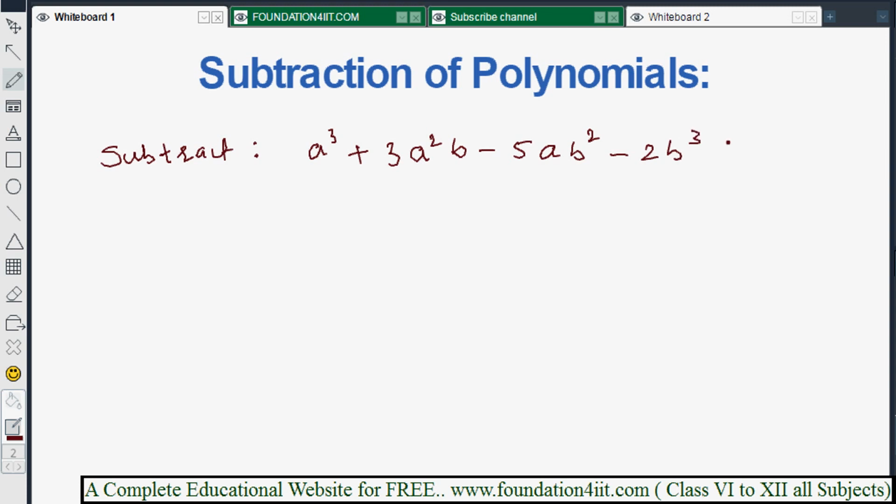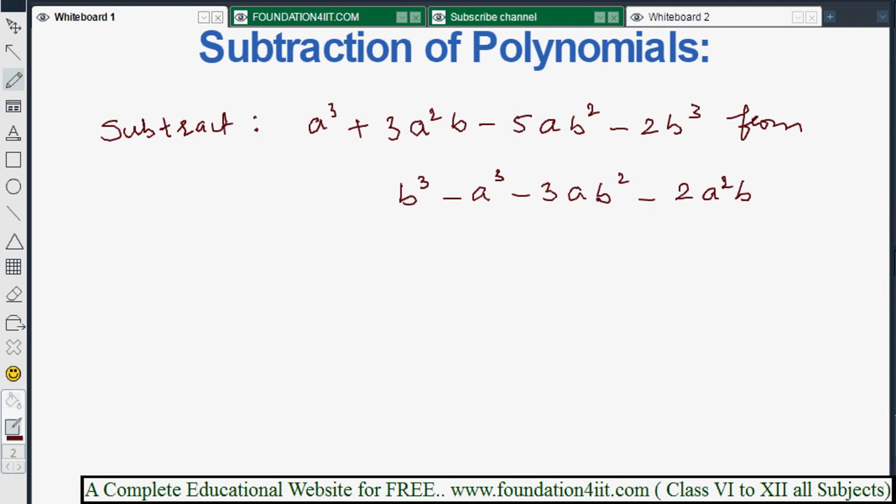I need to subtract this from b cube minus a cube minus 3ab square minus 2a square b. So these two polynomials, the first polynomial is subtracted from the second.